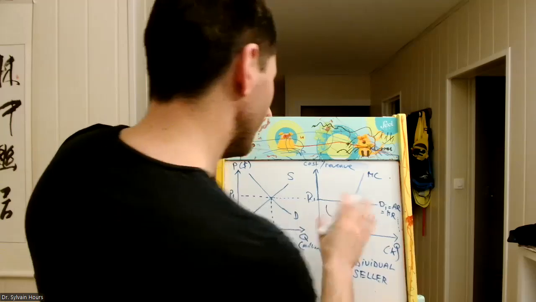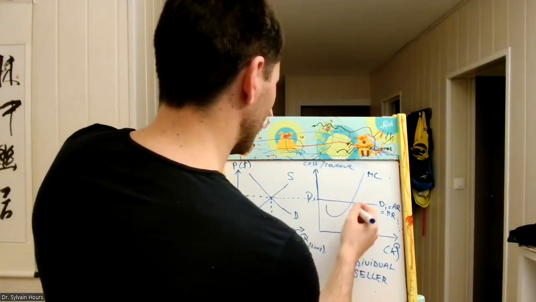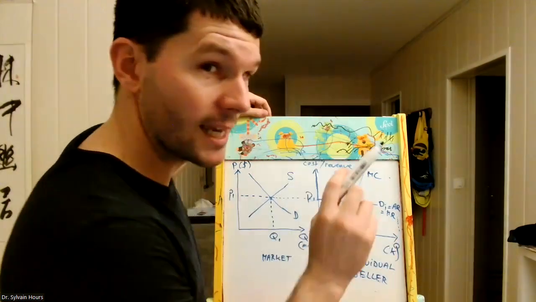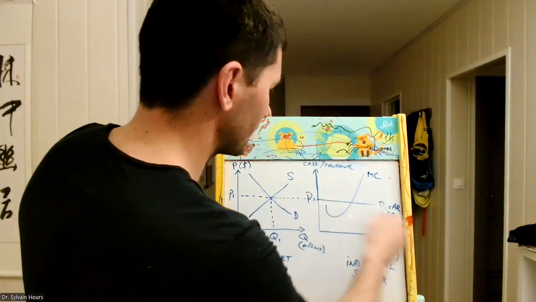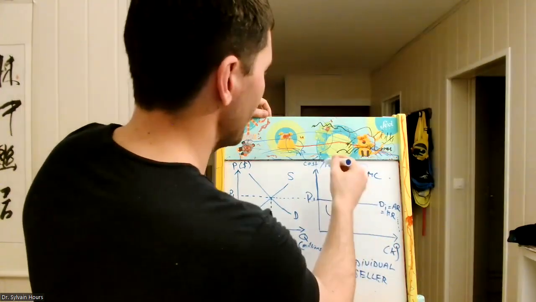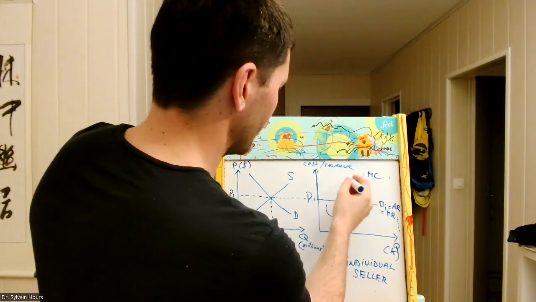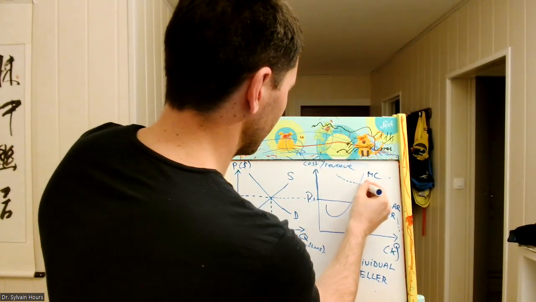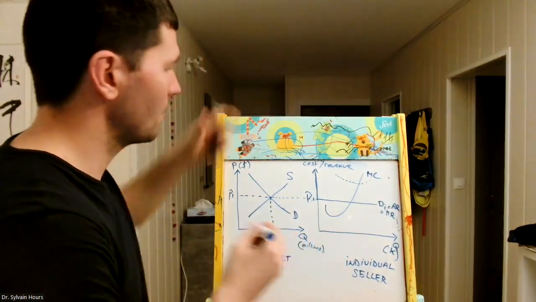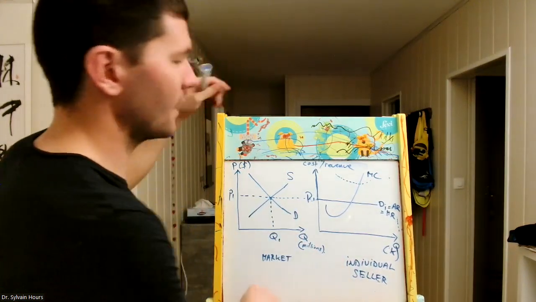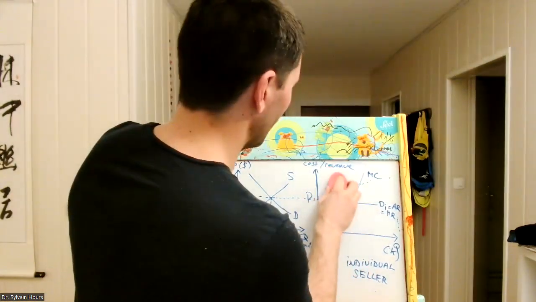And in this case, I'm going to make sure that my ATC curve cuts the individual demand curve, okay? Just for the sake of example, if I did something like that, which is a possibility, in this case this firm would make a negative profit, subnormal profit.